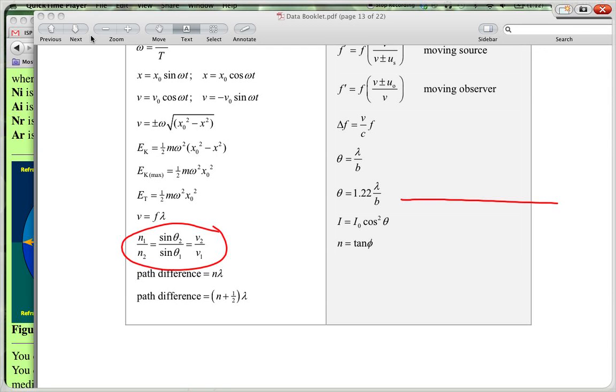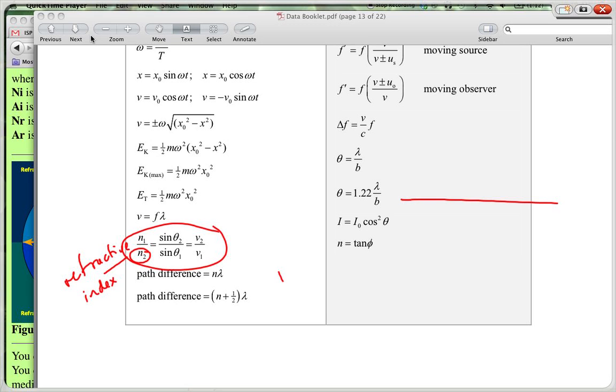So, if you've got, for instance, light going through, these N over here are called our refractive index. When the refractive index is high, we say we've got a high optical density. It slows it down.